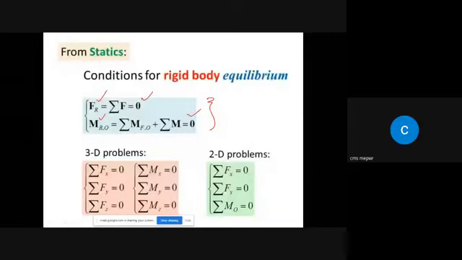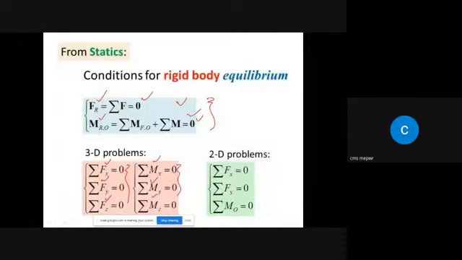So this is basically the vector form. If you want to write it in scalar components, for the 3D case we can have three components of force, that is Fx, Fy, and Fz. Similarly, we can have three components of moment, Mx, My, and Mz. So we get three equations for forces and three equations for moments. The summation of forces along x, along y, and along z should all be equal to 0.